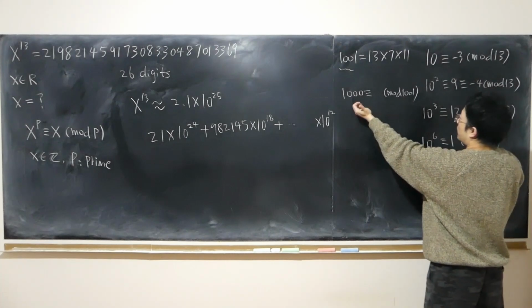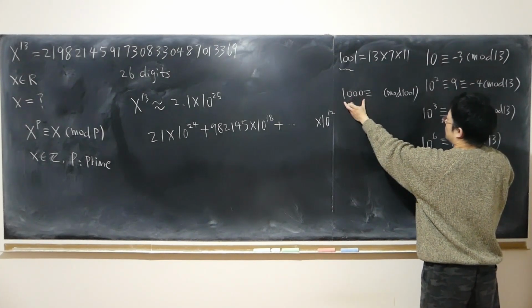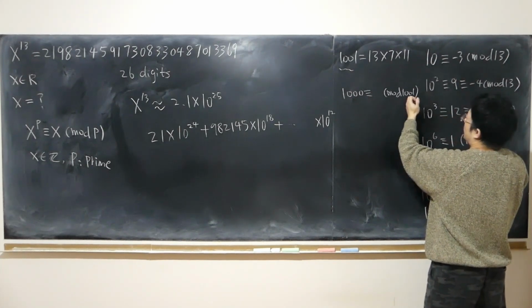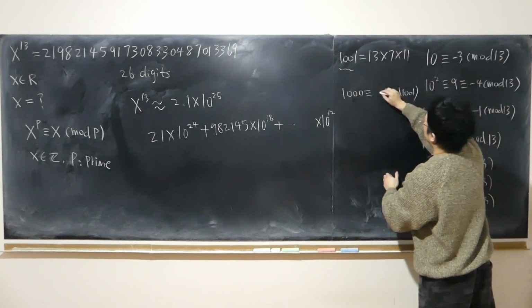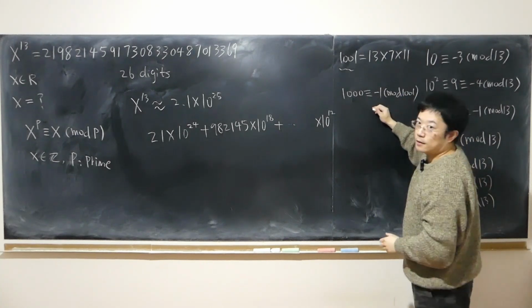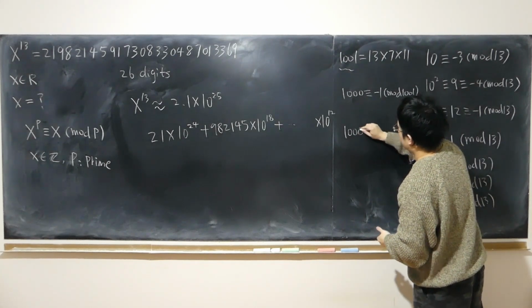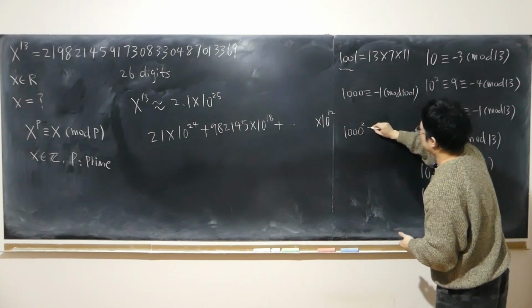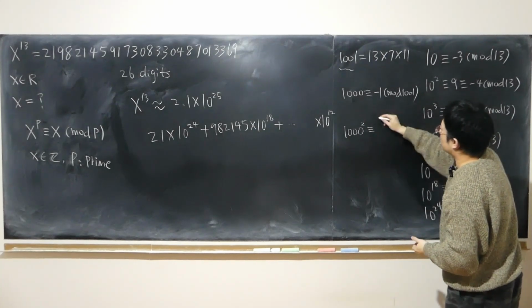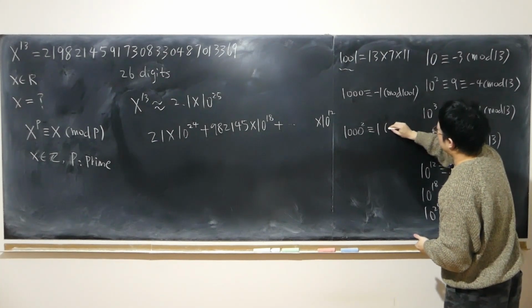First of all, the remainder is itself, but minus 1001, negative 1. The remainder is negative 1. The benefit is that if I square both sides, immediately I have congruent to 1.